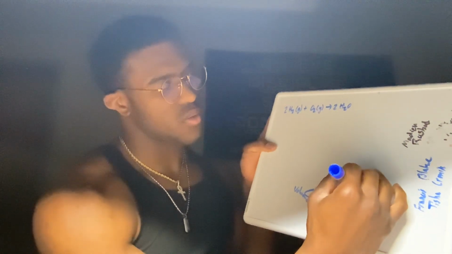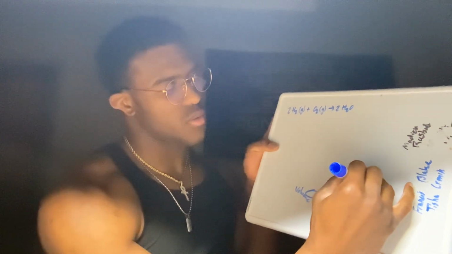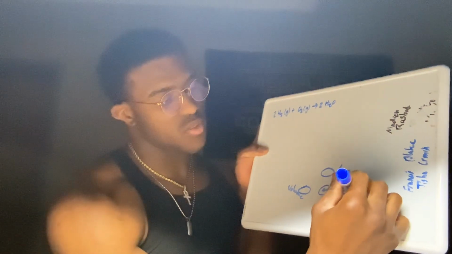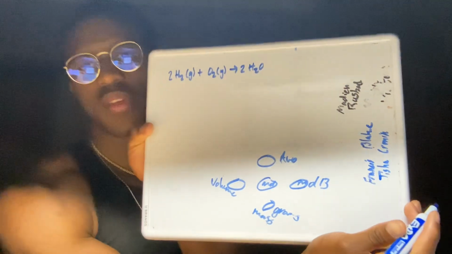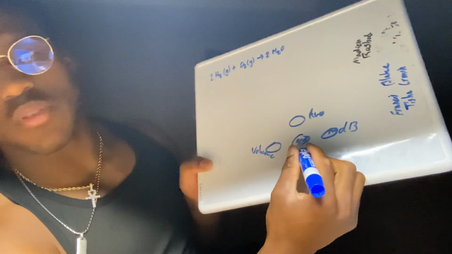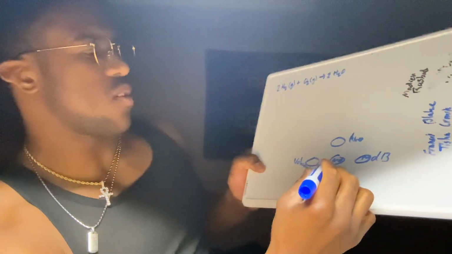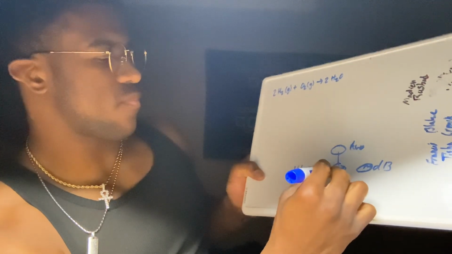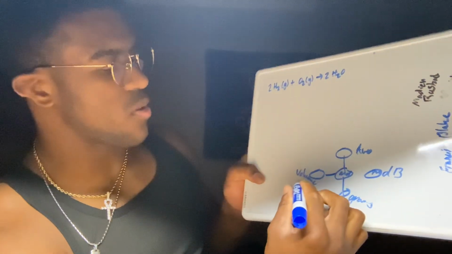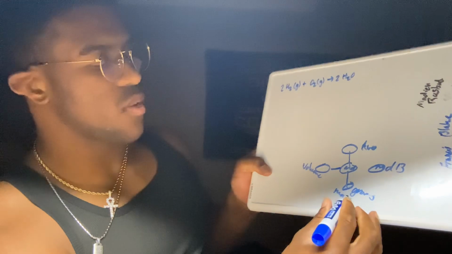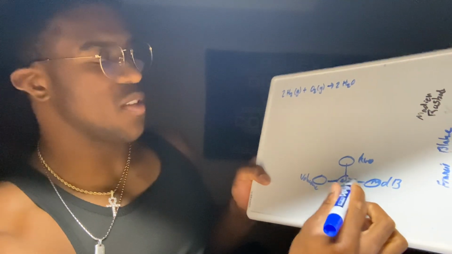This is Avogadro's number, and this is the moles of your mole A. Then up top is Avogadro's number, outside is volume, the bottom is mass, and then this is the conversion from the top.